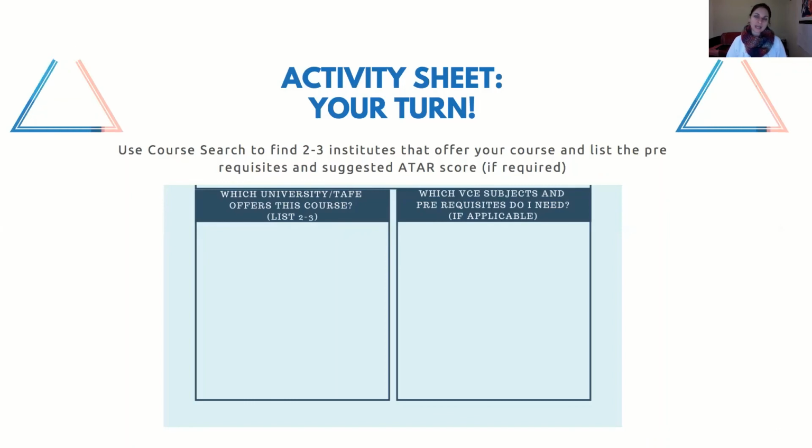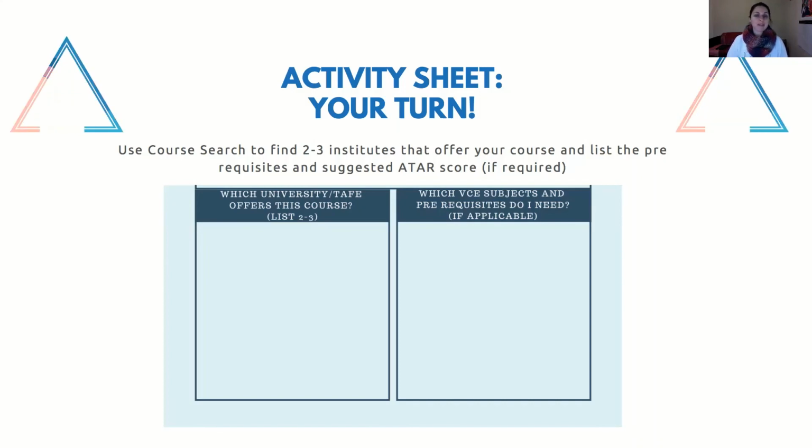For Deakin, we needed English and a score of 25. And for Monash, we needed maths and English, and scores of 30 and 22, and I think a couple similar to that. So write down 2 or 3 examples of where your course is offered and what the requirements are.